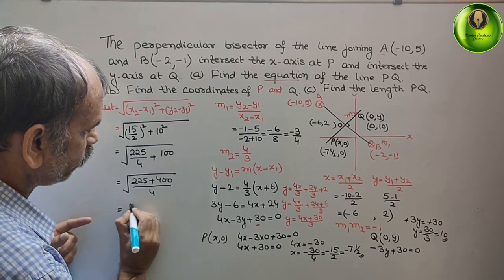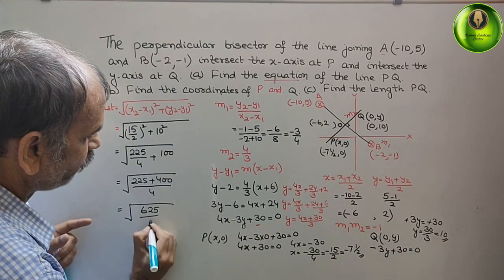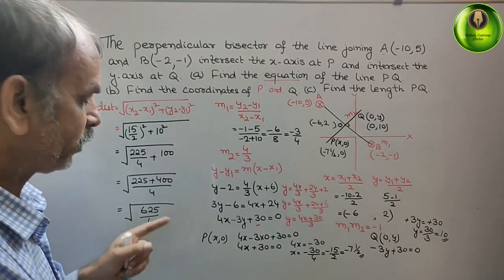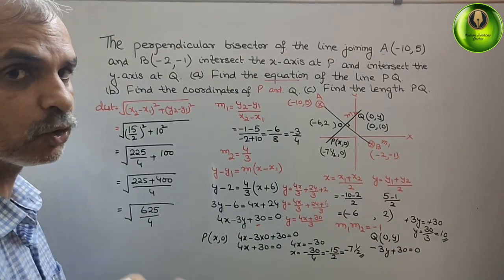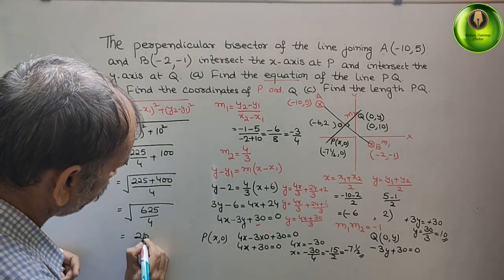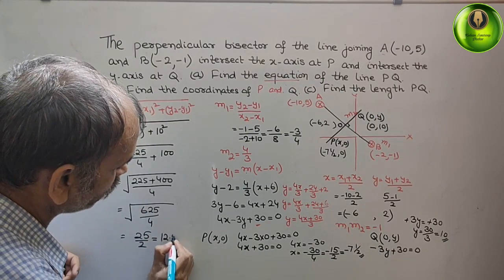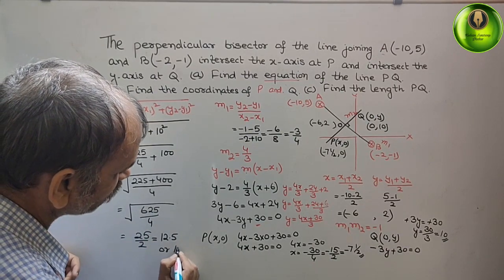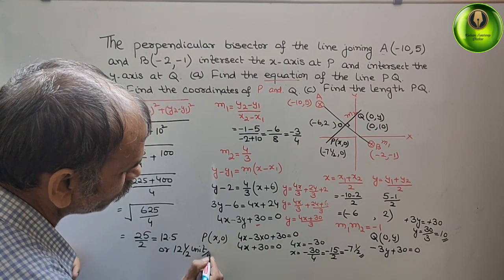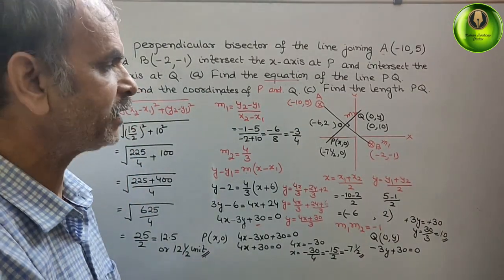That is equal to root over 625 by 4. We know the perfect square of 25 is 625 and 4 is the perfect square of 2. So that means 25 by 2, which is equal to 12.5, or you can write it as 12 and a half units. So this is the length of PQ. Like this we have to do it.